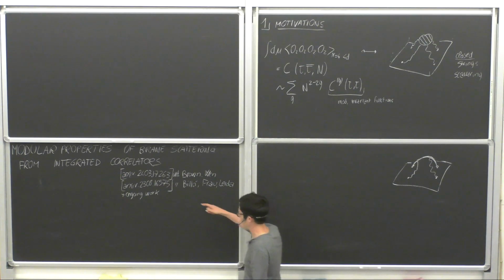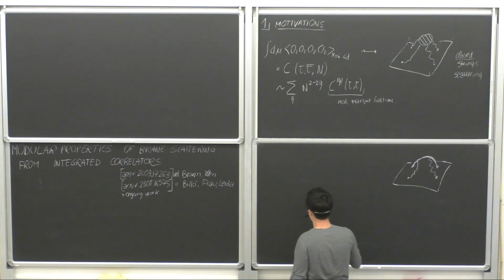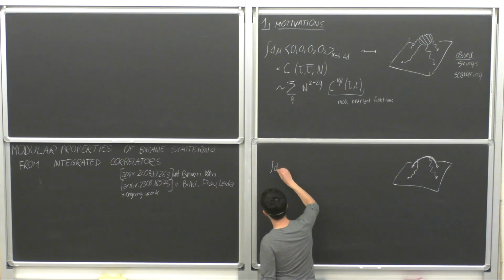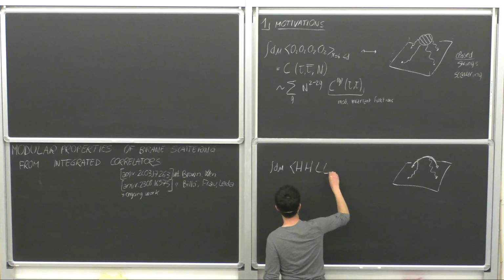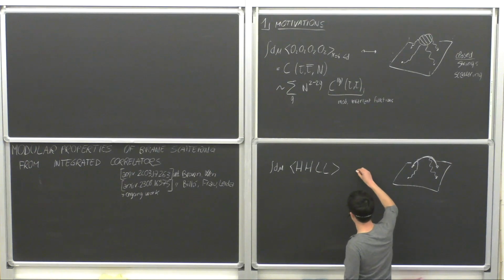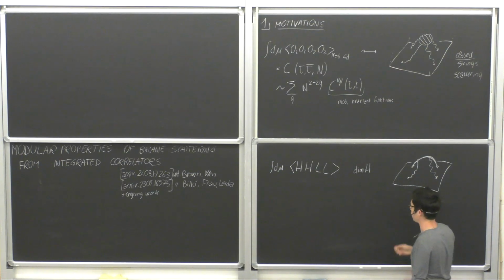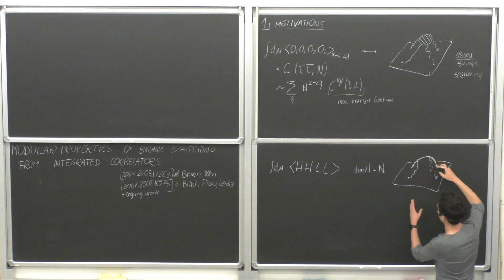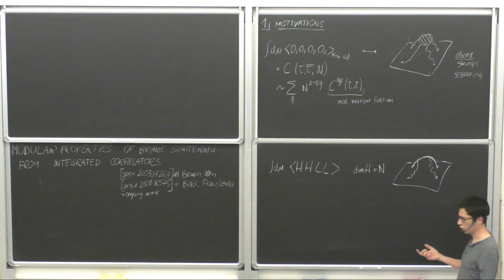The first, the one that I will discuss the most, is contained in this paper, together with Gus Brown and Song-Kao Wen, where we consider the integrated correlator of this kind, these HHLL, heavy-light correlators, with the particular feature that the dimension of the operator, here called h, is equal to N. So this is a heavy operator in the planar limit, and as heavy, it kind of creates this classical particle in AdS without deforming the AdS5 geometry.